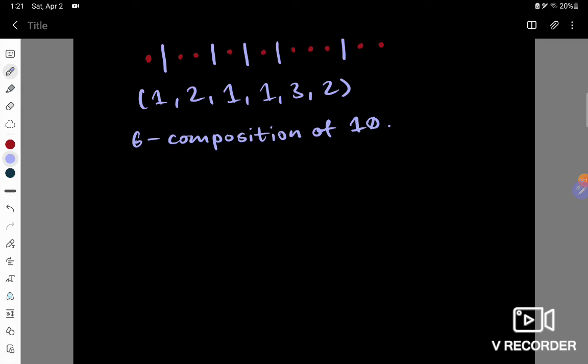Now we're going to turn our attention to another problem that's very much related to compositions. It's a slight extension to this.